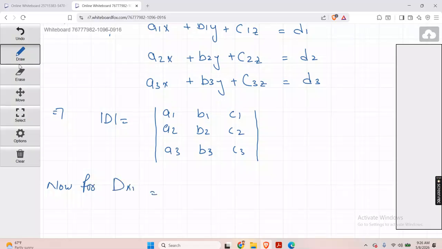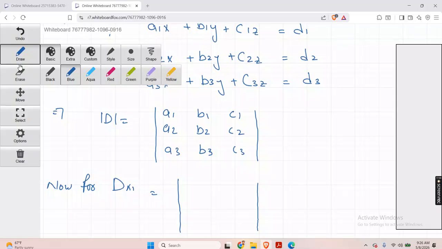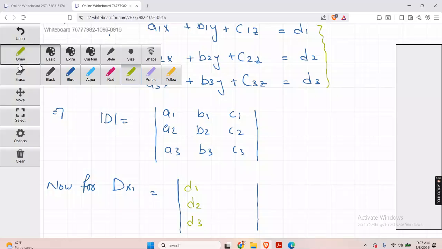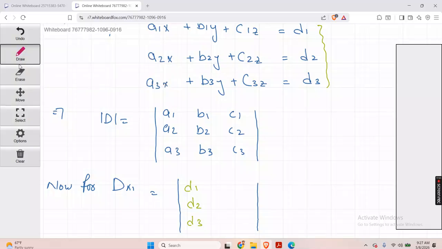Now for dx1, the first column will change to D1, D2, D3. These are your D1, D2, D3 values. The remaining will stay the same: B1, B2, B3, C1, C2 and C3.